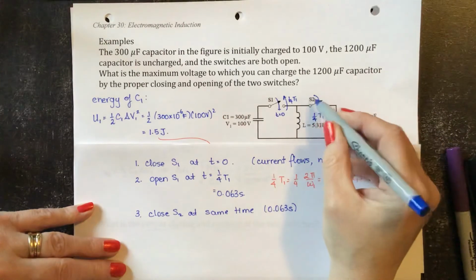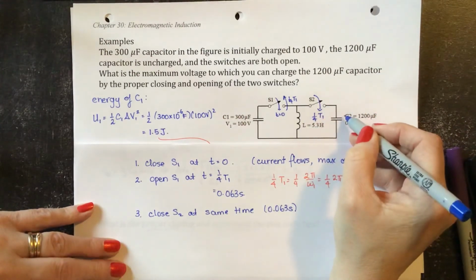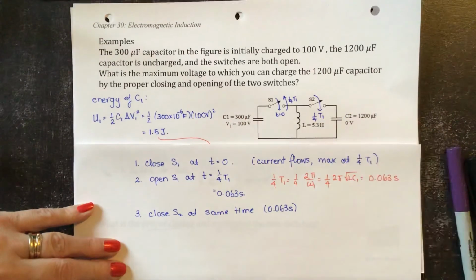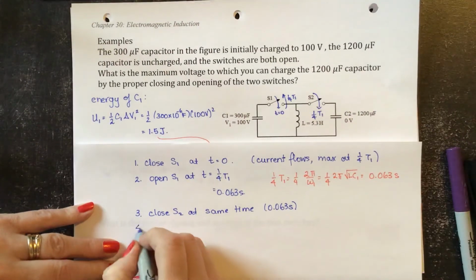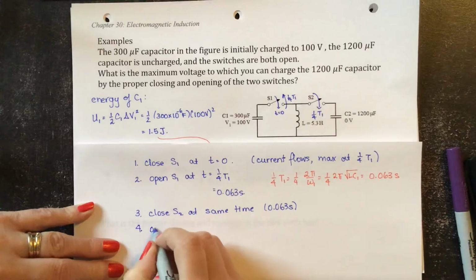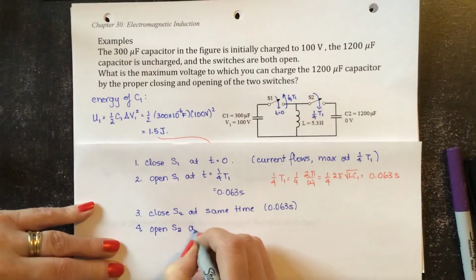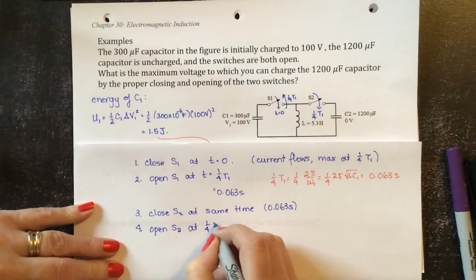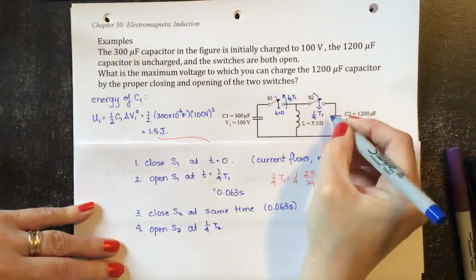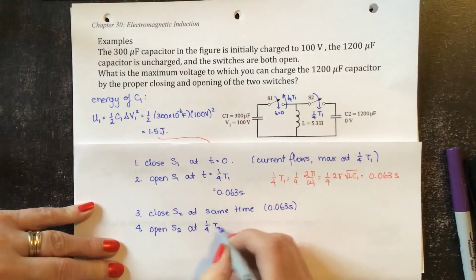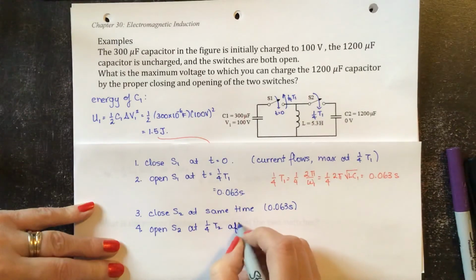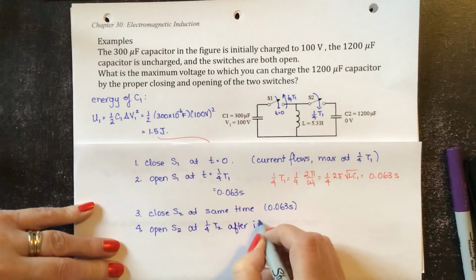We want to open up this switch again when the capacitor is fully charged, because that's when it'll have the maximum voltage. So open S2 at a quarter of a period, T2, so the period for this circuit, at a quarter T2 after it was closed.